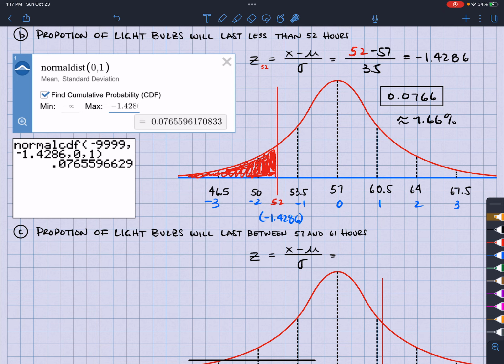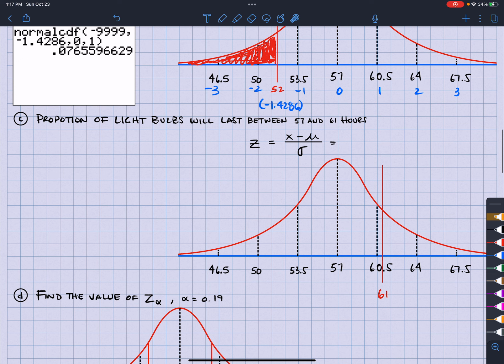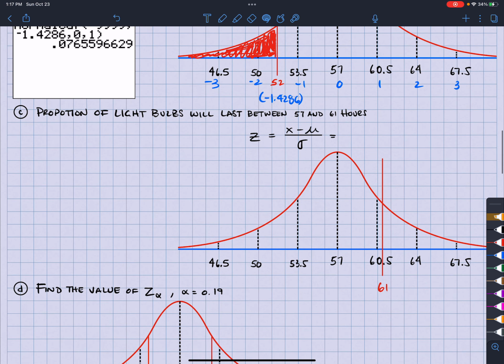All right. So what if it's between two things here? For some reason, my 57 disappeared here. So let me go ahead and duplicate this, bring this over here. Because 57 is right here, so I didn't need it. So there we go. I want from 57 to 61.